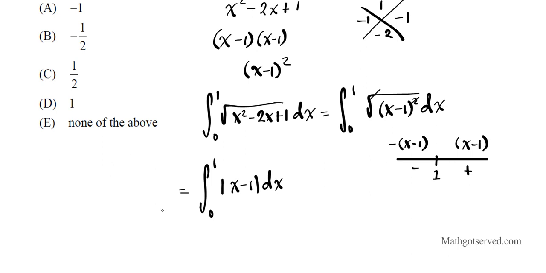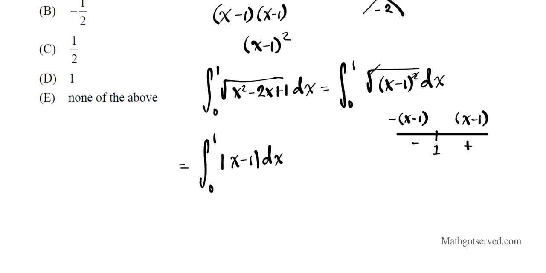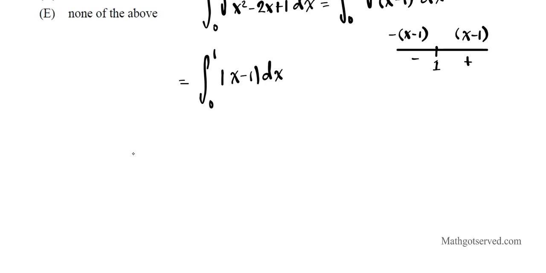Since we're dealing with the integral from 0 to 1, we're going to be adopting the negative sign here. So this problem becomes the integral from 0 to 1 of plus or minus x minus 1 dx.